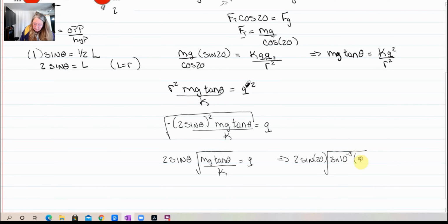Remember, g is 9.8, times tan 20, divided by k, 8.99 times 10 to the 9. We throw that into our calculator, and we'll get that Q is, drum roll, 746 nanocoulombs as my answer. And there you have it.